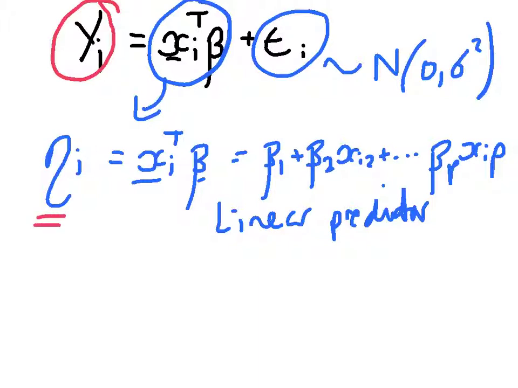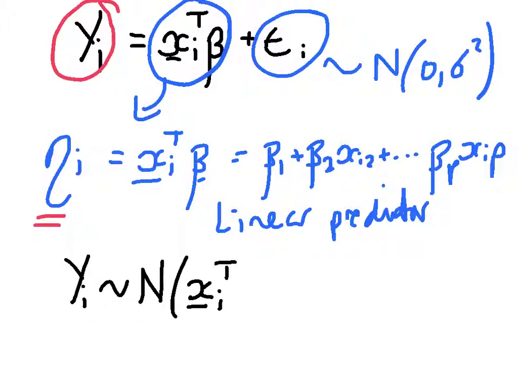We've just introduced this other piece of notation, this symbol eta. We can also talk about y being a normal random variable, but a conditional normal variable, with a mean given by x beta and a variance given by sigma squared.